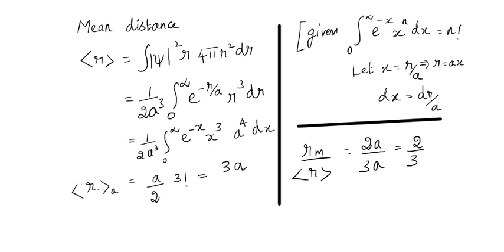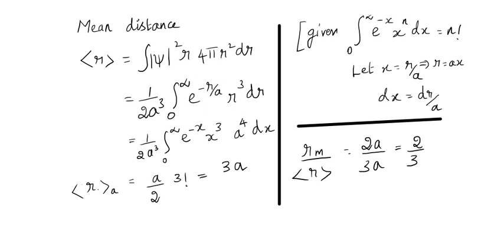Now we are going to use the standard integration formula given in the problem: the integral from 0 to infinity of x to the n e power of minus x dx equals n factorial. So here we have r cubed, but we have e power of minus r by a.